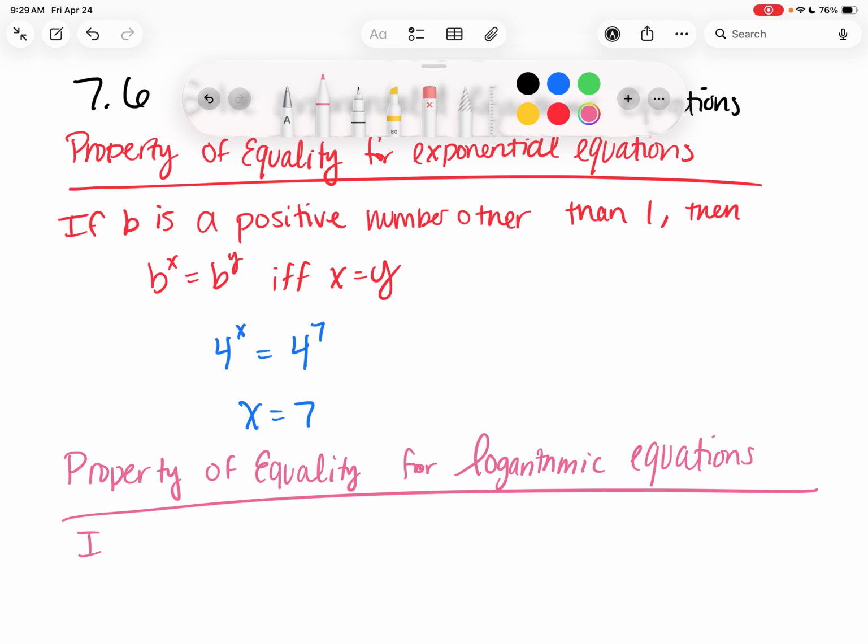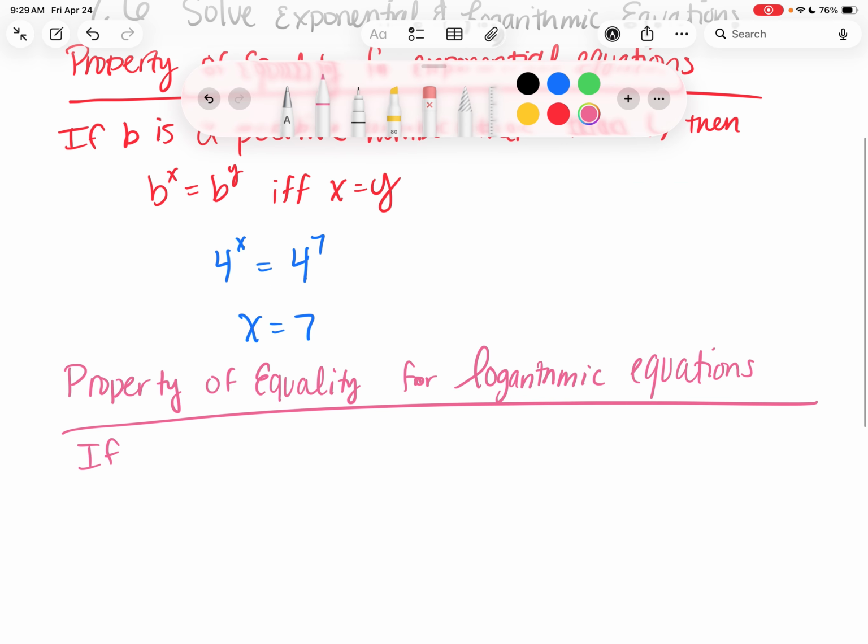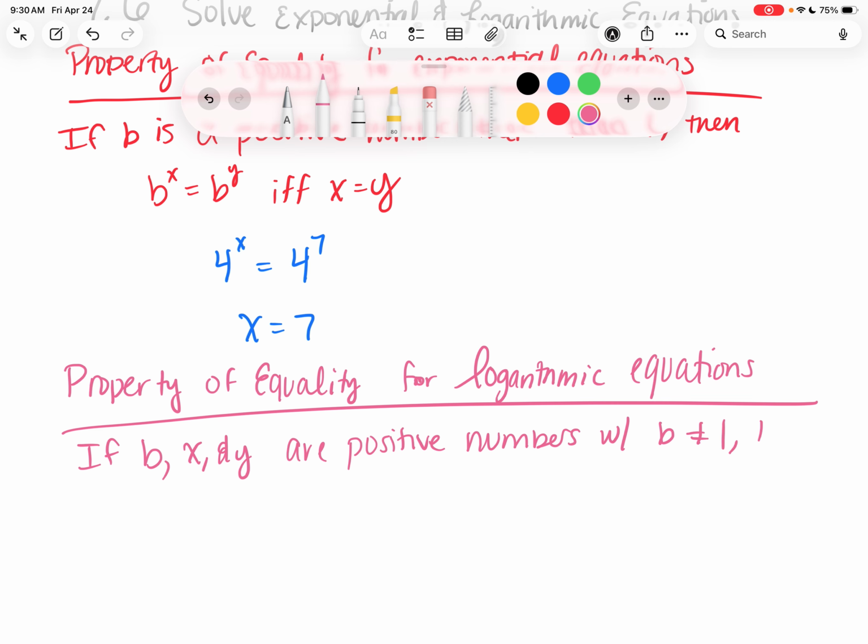If b, x, and y are positive numbers, with b not equal to 1, then log base b of x is equal to log base b of y if and only if x is equal to y.